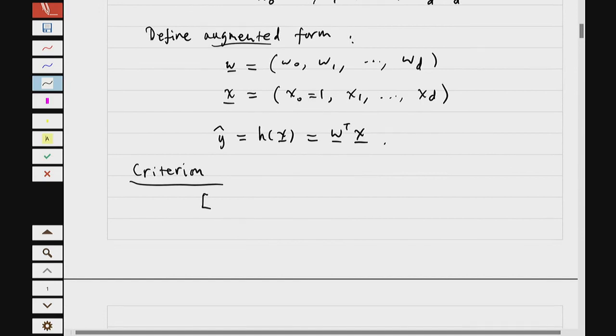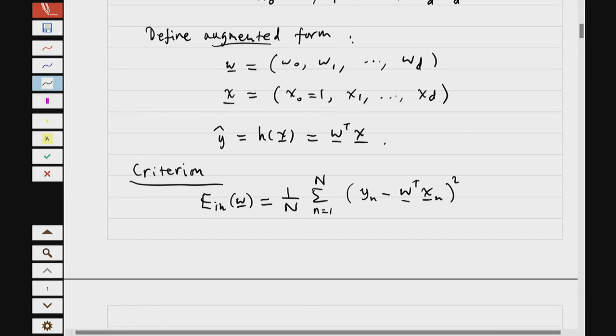So the criterion E_in, the training error, we can define as the average square error, averaged over the sample that we have, so small n goes from 1 to N. The square error will be the error between the true label, which is y_n, and our estimated label, y hat. So it's going to be y_n minus y hat, which is simply this inner product, and we're going to square that because this one can be positive or negative.